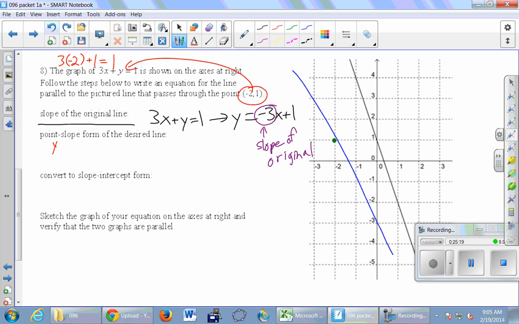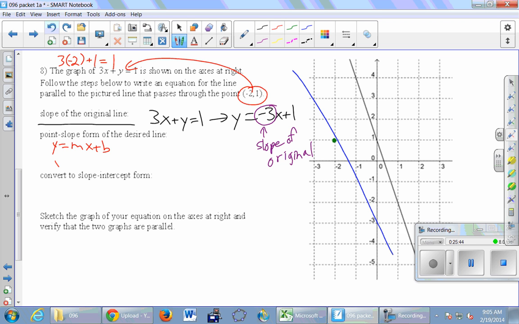Okay, so let's jump in here. I said use point slope form, but it seems like we're using the slope intercept form almost exclusively. You're welcome to use point slope if you want. That's the y minus y1 equals blah, blah, blah. Okay, let's fill some stuff in here. Let's just establish the slope first. What's the slope of our line, the blue one?